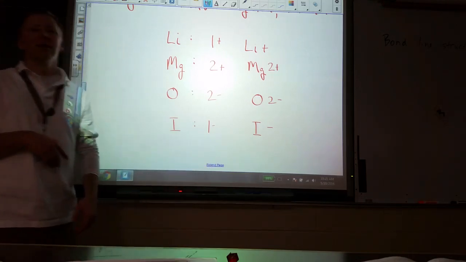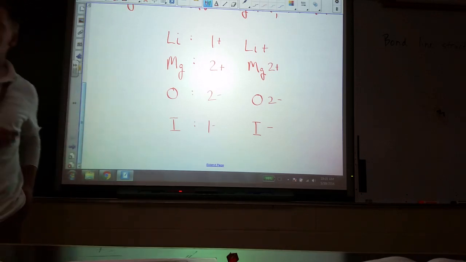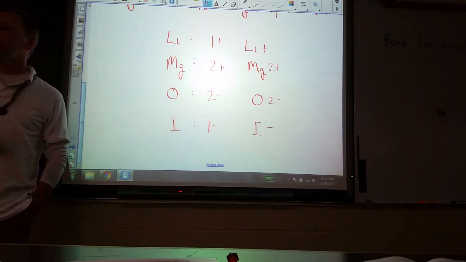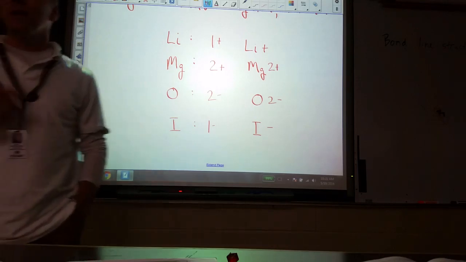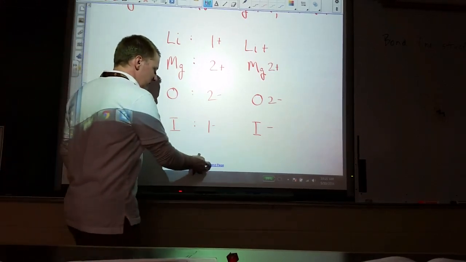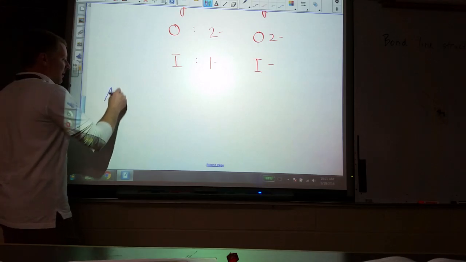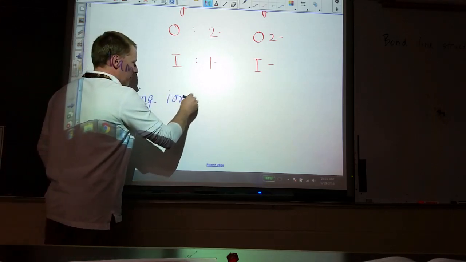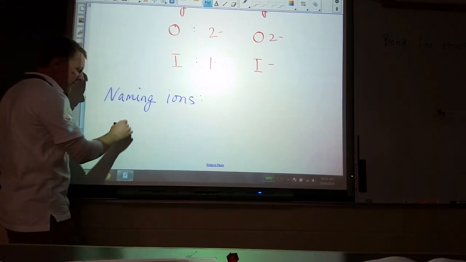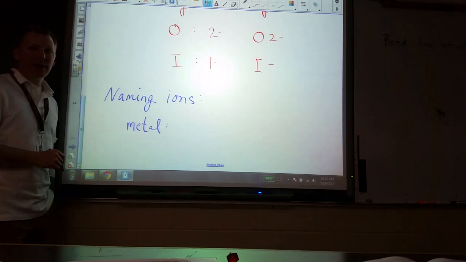Second part of the homework is, what do we call them? When something becomes an ion, we actually name it differently so that we can say, okay, this is a sodium atom at its heart, but it's become an ion. So naming ions. If it's a metal, this is complicated.